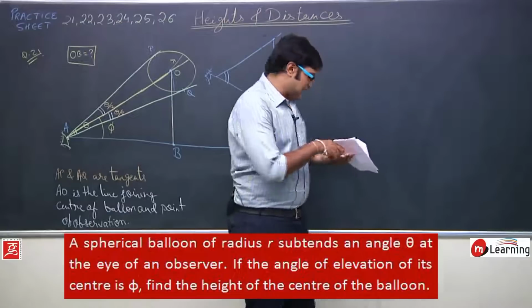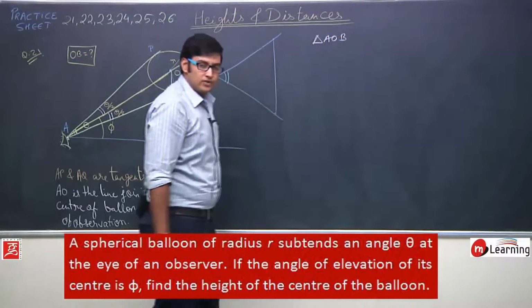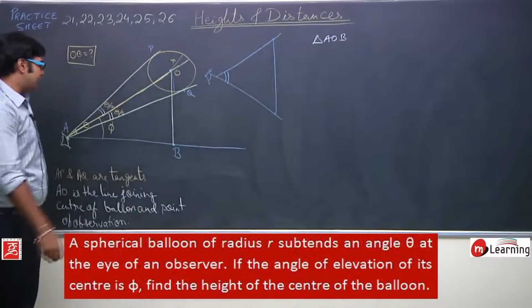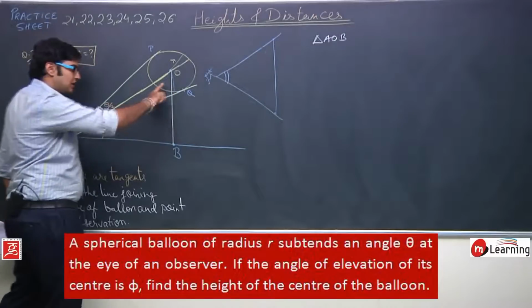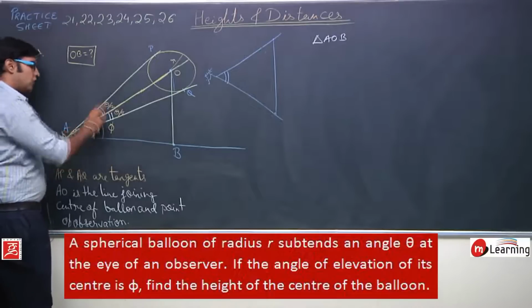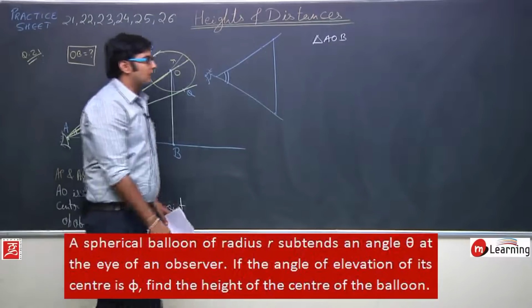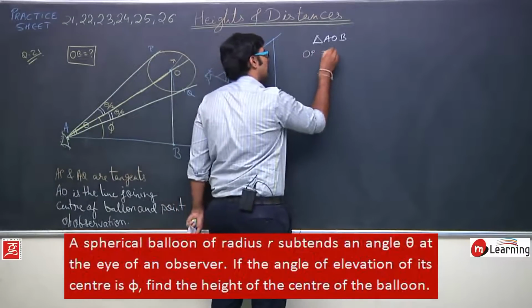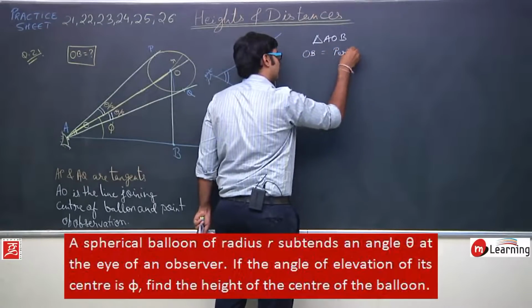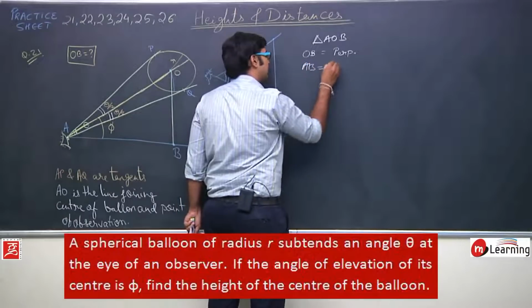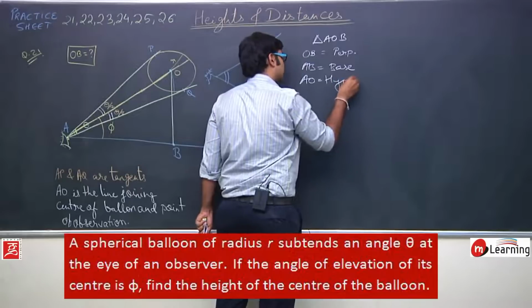In triangle AOB, with respect to this phi, OB is the perpendicular, AB is the base, and AO is the hypotenuse.